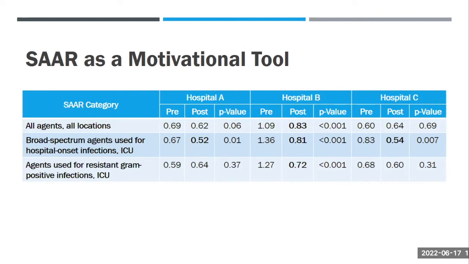Specifically, there were decreases in the all agents, all locations SAAR, as well as broad spectrum agents used for hospital onset infections in the ICU. All 3 hospitals actually did see a statistically significant decrease in their SAARs for those broad spectrum agents, but only hospital B had the decrease for all antimicrobials, all locations.